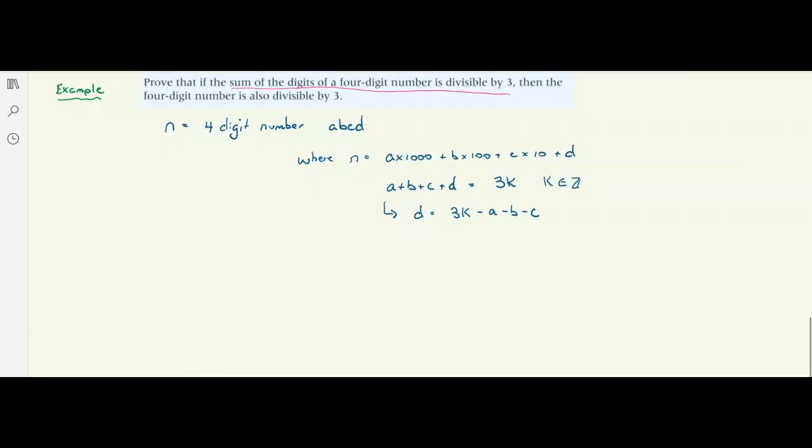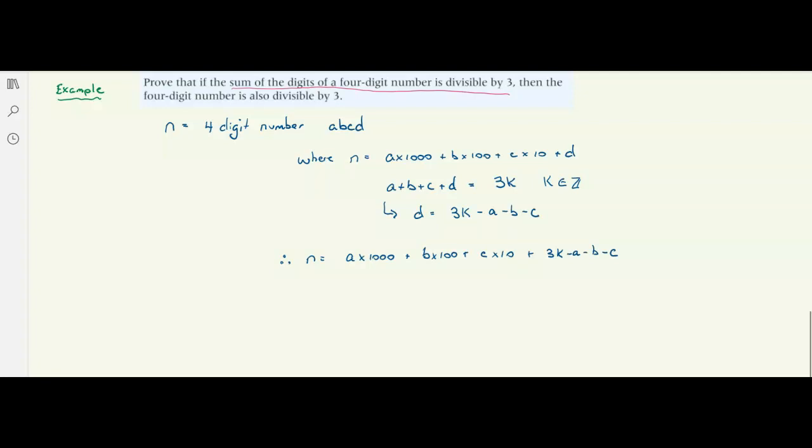I'm going to get back to N, so therefore N is 1000A plus 100B plus 10C plus, not D, but 3K minus A minus B minus C.